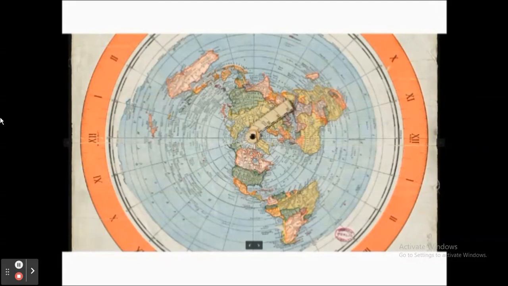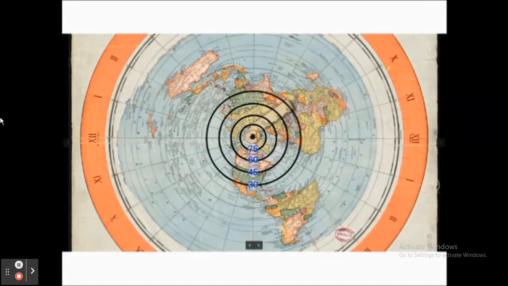Starting from the center, we can start by circling the 75-degree line, followed by the 60-degree line. Next comes the 45-degree line, and then the 30-degree line. Notice these are in 15-degree increments.